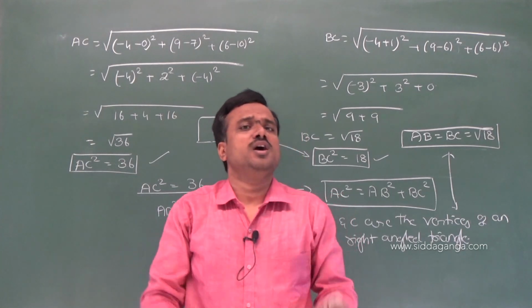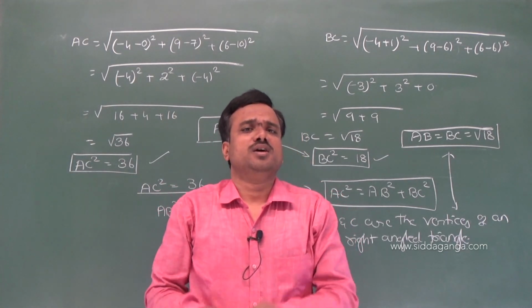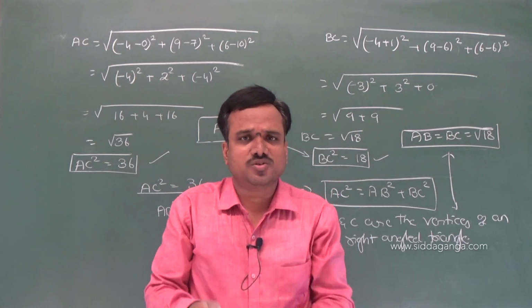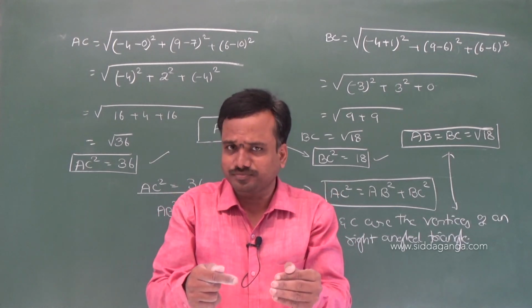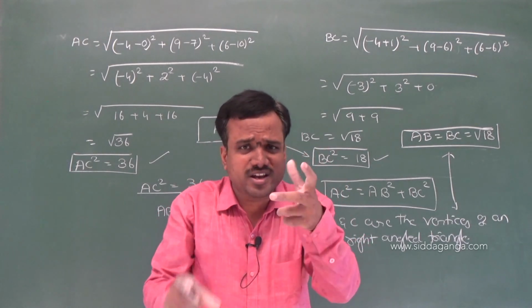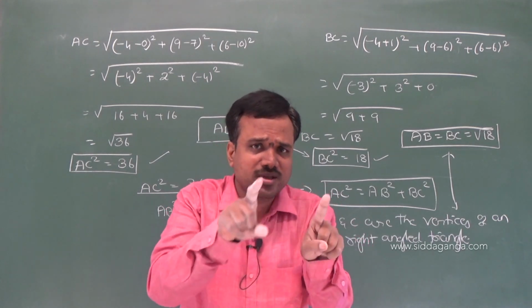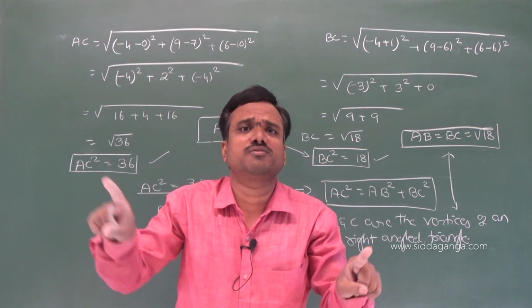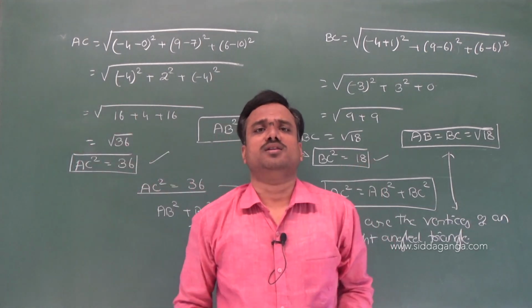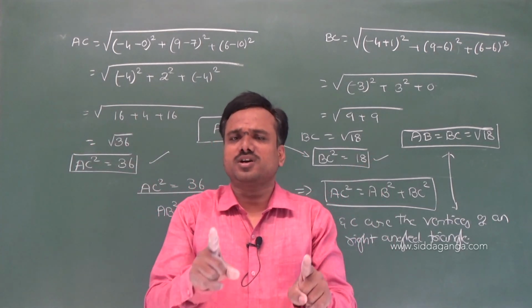This is the first one. For an isosceles triangle, first we find the 3 values AB, BC and AC. Among these 3 values, if any 2 values are equal, then A, B, C are the vertices of an isosceles triangle.